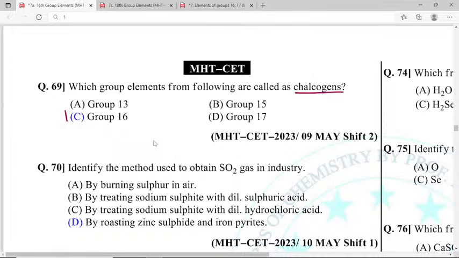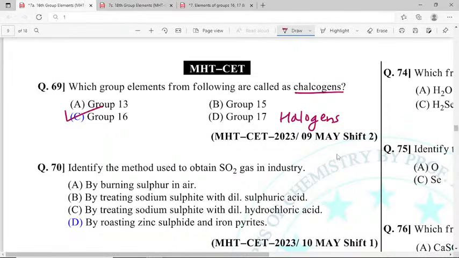Chalcogen, simple question. Group 16, chalcogen. Group 17, halogens. Chalcogens are group 16: oxygen, sulfur, selenium, next tellurium, and last polonium.